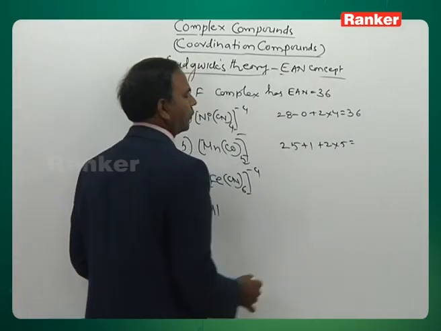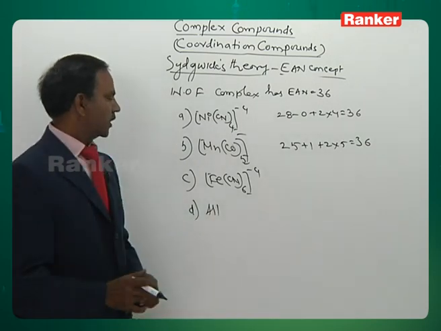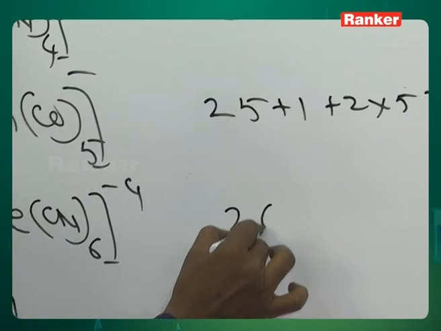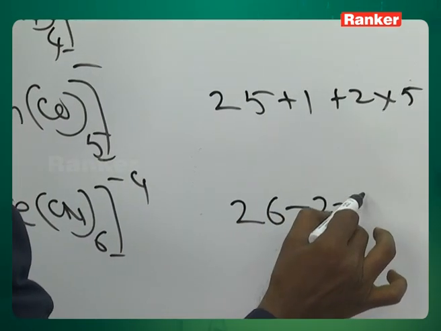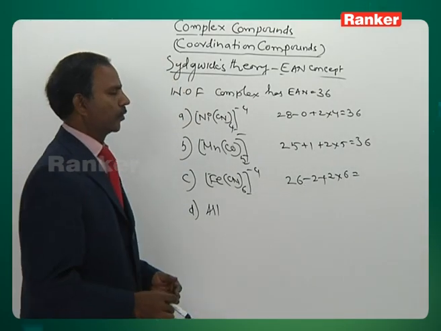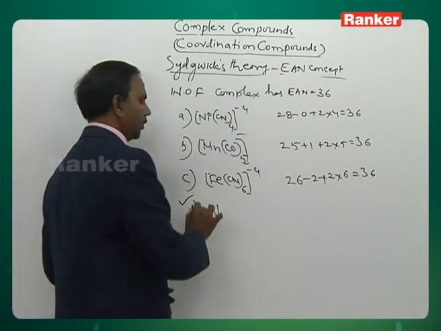It is coming to be 36 again. Then FeCN taken 6, minus 4. Check it, it is 26, oxidation number is plus 2 means minus 2, plus 2 into 6. Then it is also coming to be 36. Then the answer is all.